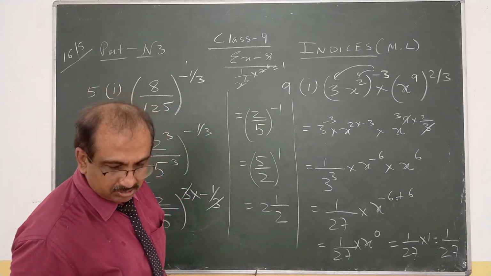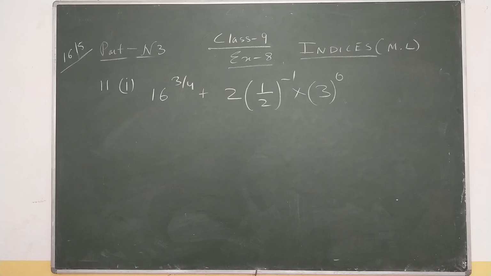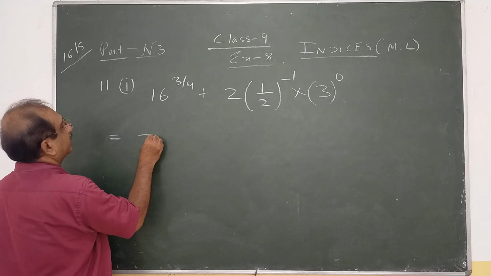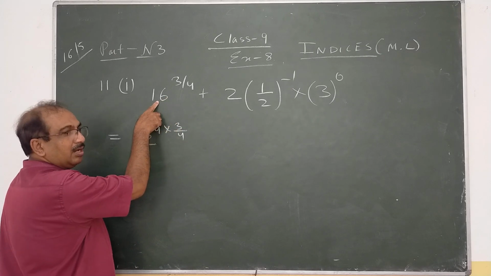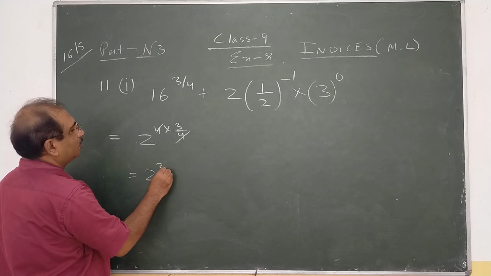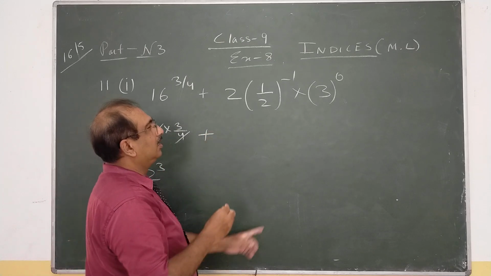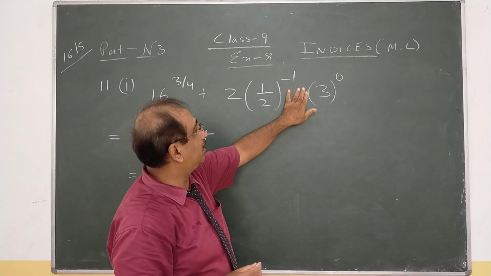Okay, so kindly pause the video and copy. Then we move on to the last sum of this session. Okay, so once more. Here we use index, 2 to the power 4. See, generally this will come in such a form that this 2 will be divided. We get 2 to the power 3. Here nothing was there in the question. Nothing means into, children. I have put into over here.